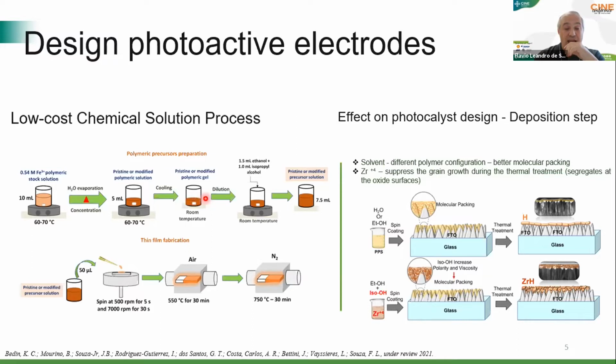We reduced the water content in the solution and replaced it with a mixture of alcohols. At the same stage, we add some zirconium precursor. The intention behind this modification is that we want to have a different polymer configuration, or polymeric solution configuration.